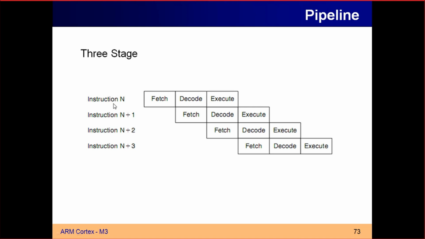Right? In this instruction cycle, one instruction will be fetched, the previous instruction will be decoded, and the instruction previous to that will be in execute. So generally, each instruction cycle will have 3 stages. So what will be the execution time? If you are taking the average, the execution time for the instruction will be almost divided by 3.